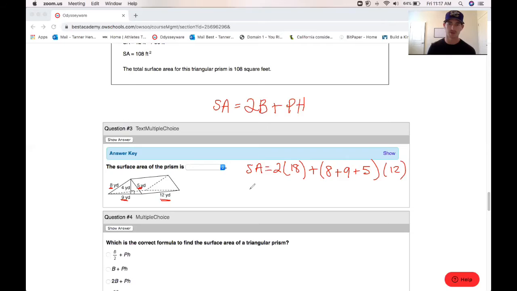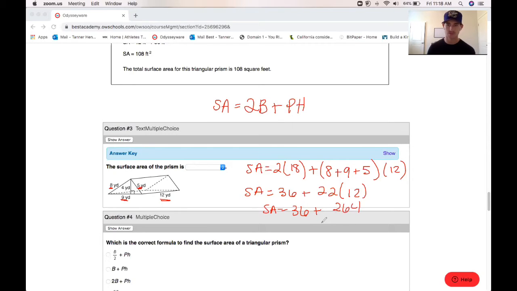So moving on from there, we got surface area equals 2 times 18 is 36, plus 8 plus 9 plus 5 should be 22 times 12. Then we don't need to do anything with 36, plus 22 times 12 is 264.